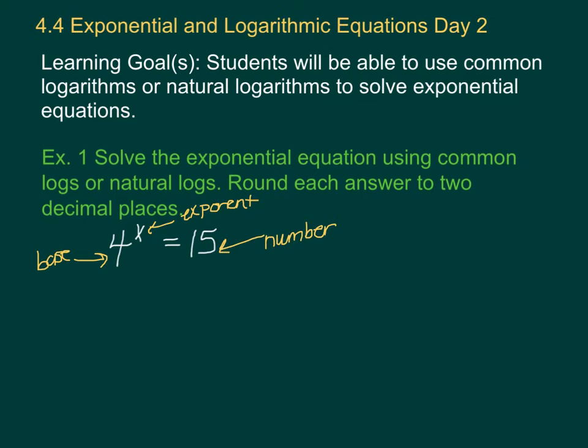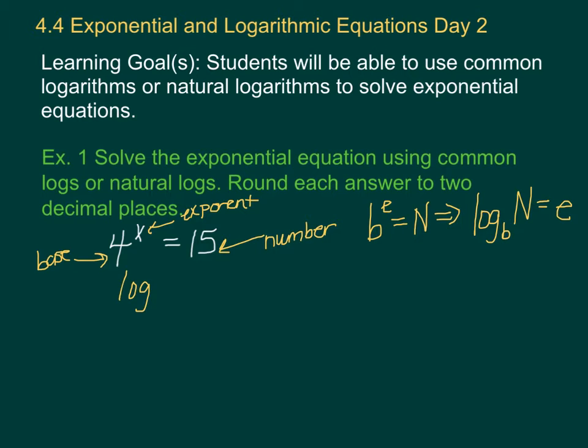So we're going to use what we call BEN. And when you write it in log form, it looks like this: log of your base of N equals your exponent. So you simply write it like this.